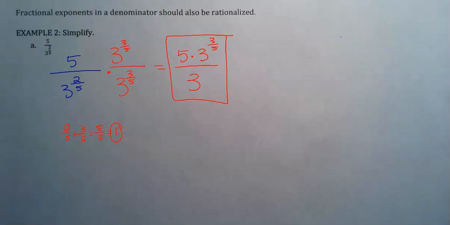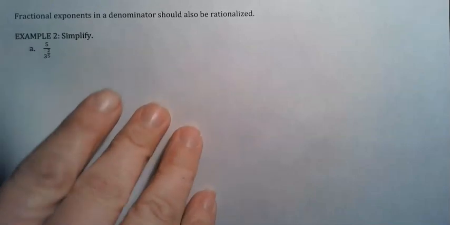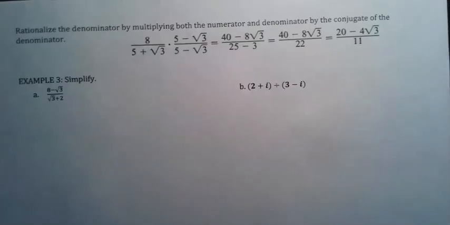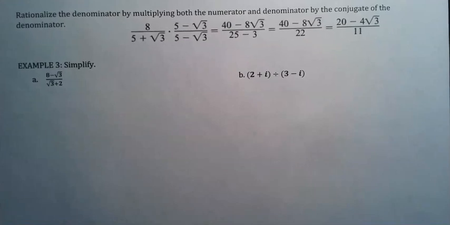On to the back. We are flying through these today. Next up, we need to rationalize the denominator by multiplying both the numerator and denominator by the conjugate of the denominator. This is when we have binomials, right? When we have two terms, 5 plus the square root of 3 is a binomial.